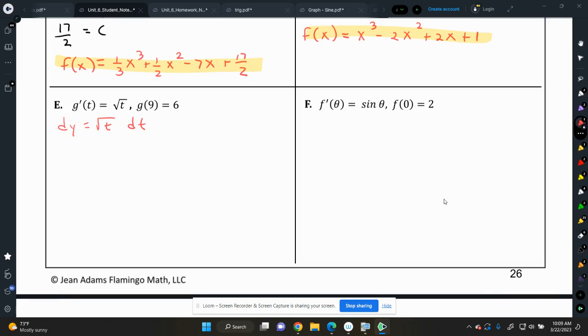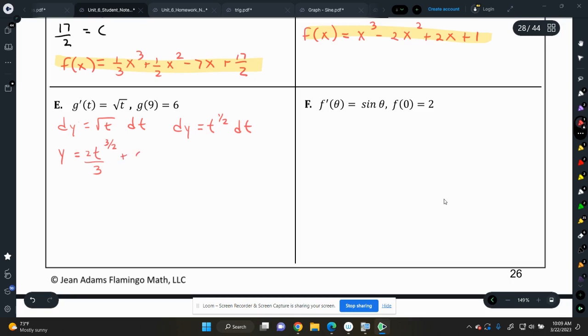Okay, integrating both sides. I'm going to rewrite this, dy equals t to the 1/2 dt. So we get y equals t to the 3/2 divided by 3/2, which means it's going to be 2/3 t to the 3/2, plus c.